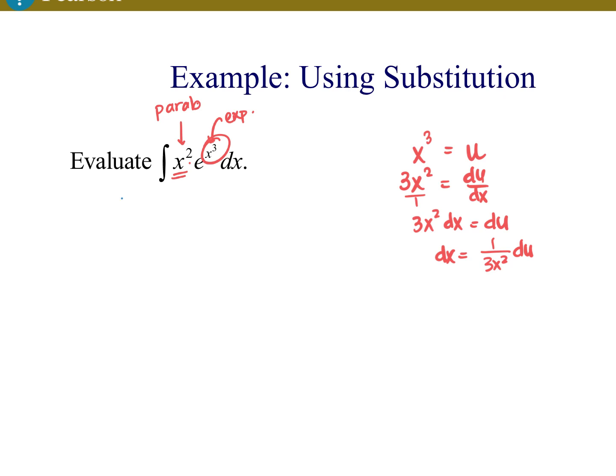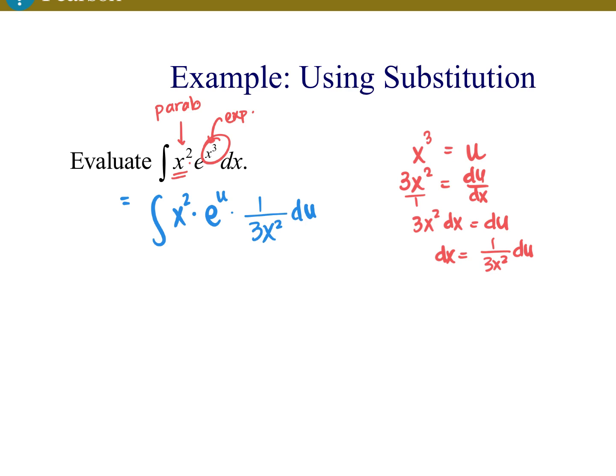All right, back to our integral. We are going to change, not the x squared, but the cubic. So that would be e to the u, and then the dx becomes 1 over 3x squared du.